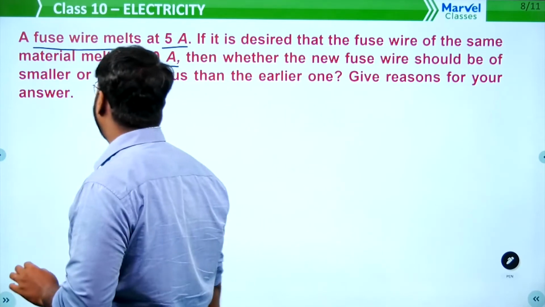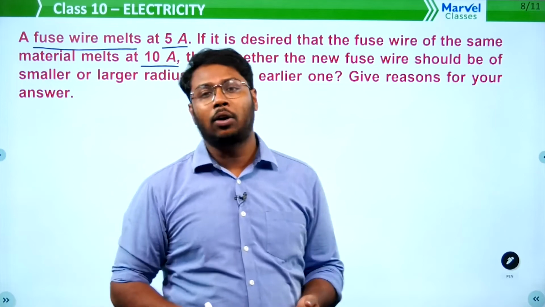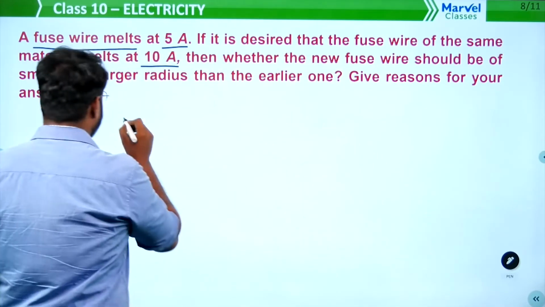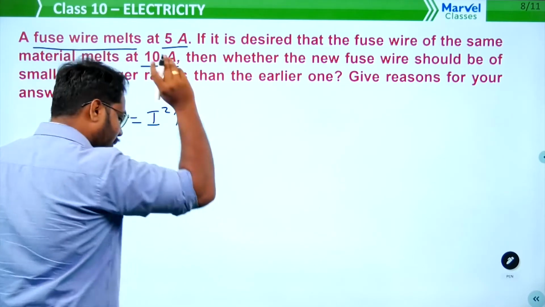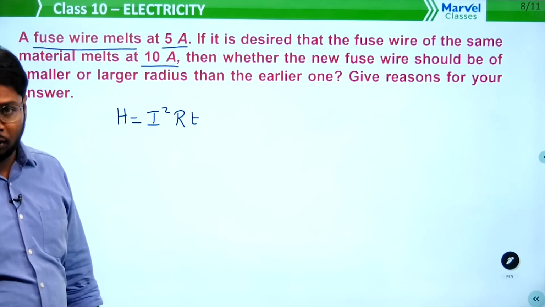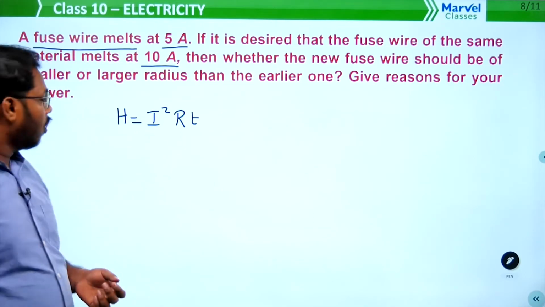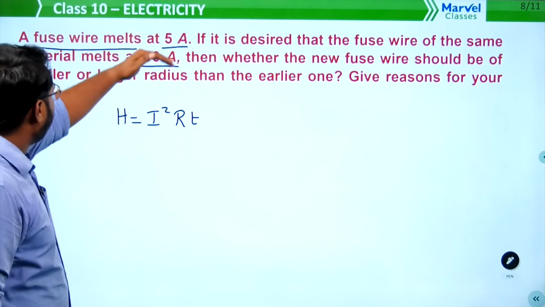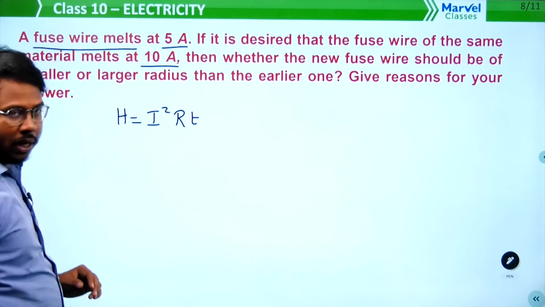So, here we are trying to calculate the heat energy dissipated through the material, and the heat is calculated as H is equal to I square R T. This is a standard equation that we will always use to calculate the amount of heat energy that gets dissipated. Looking into the problem, we have 2 different currents flowing into the same material.